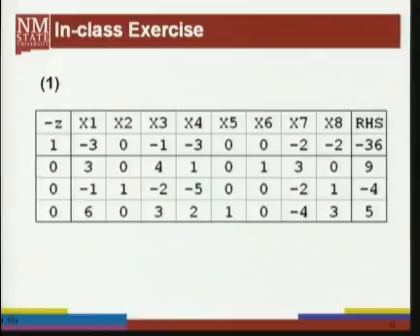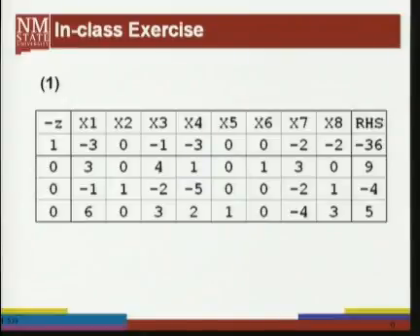Okay, then you remember we've learned that any LP must be either unique optimum or multiple optimum or infeasible or unbounded, right? So what can you say about this table? Just to remind you, we are dealing with a maximization problem, right?